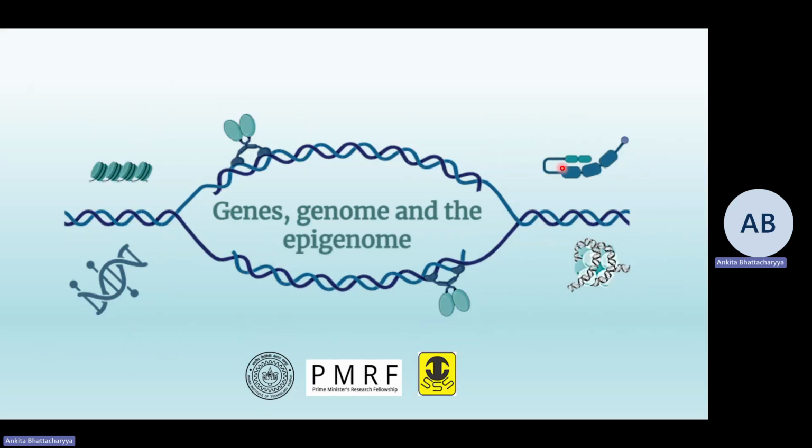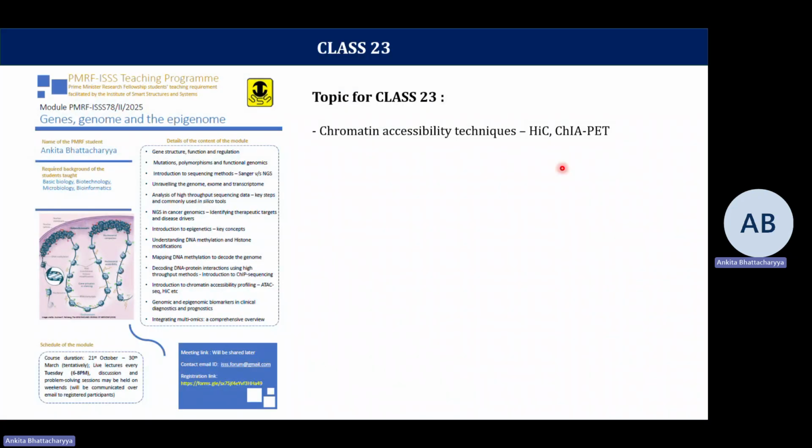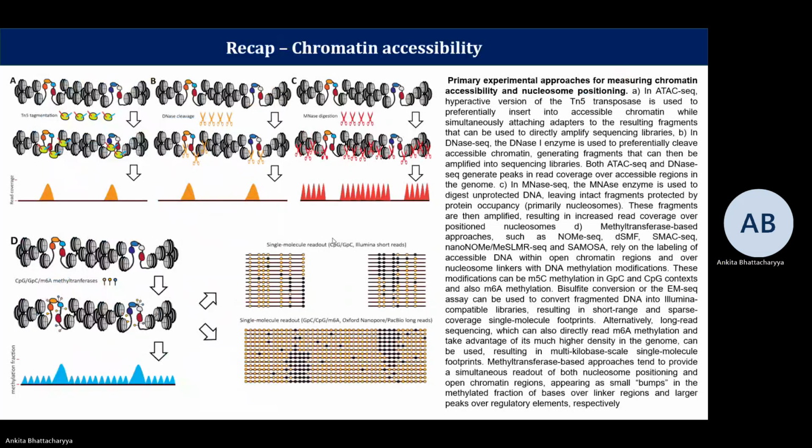Following this, we move on to our discussion for today. We'll be looking majorly at these two techniques, the Hi-C method and the ChIA-PET method. So let me start off with this image. Most of the information that you will find in this slide and the next are a composite overview of everything we've discussed.